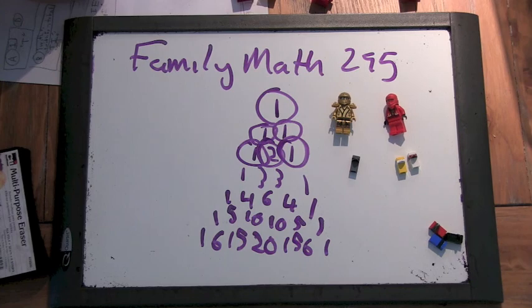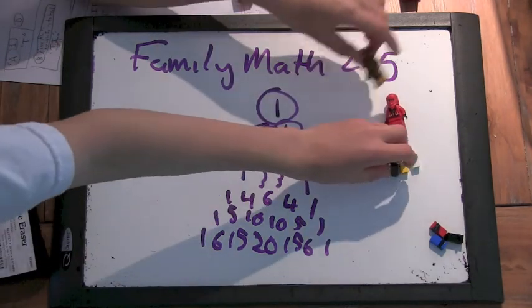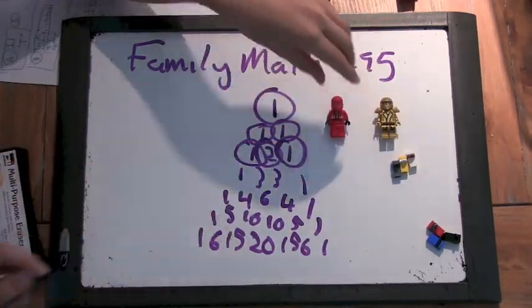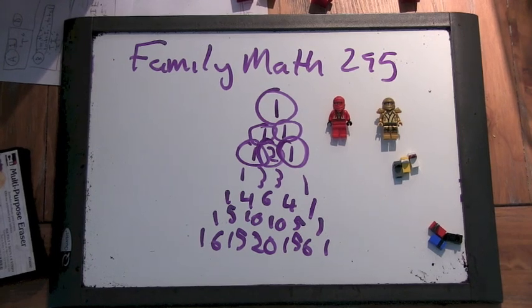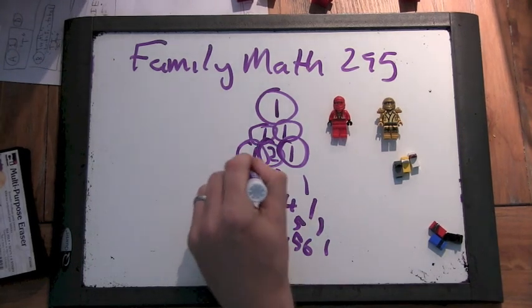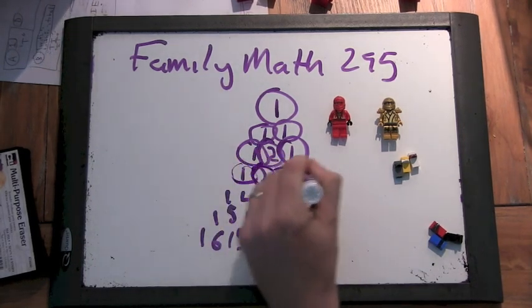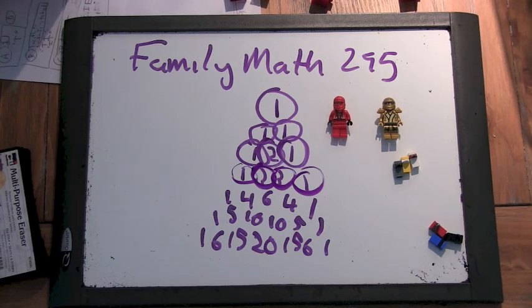And then there was the other 1 way for that to happen. So 1, 3, 3, 1.